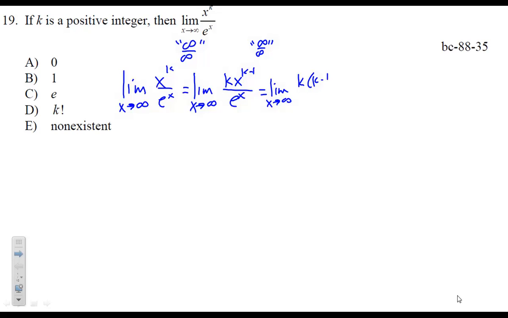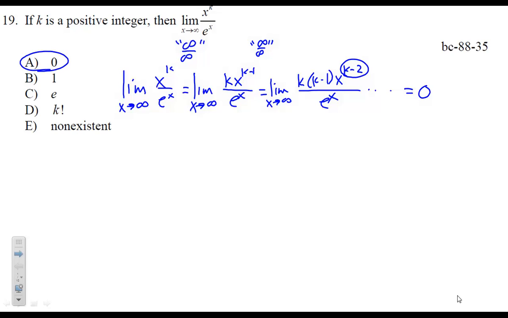And when we do that, we may say, well, I don't know where this whole thing ends. Well, what happens is that eventually, with k being a positive integer, the power is going to go down to 0, and the x term is going to go away, and the only thing you're going to have left is the e to the x on the bottom. If that's the case, eventually this goes down to 0. So that's one way to do the problem.